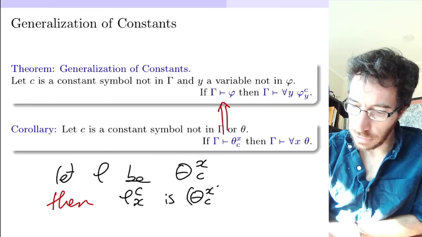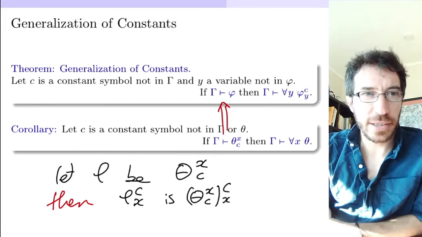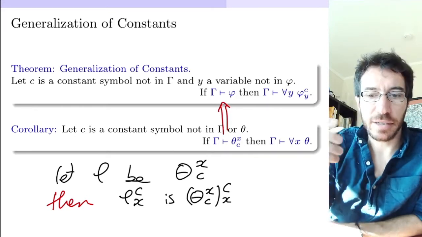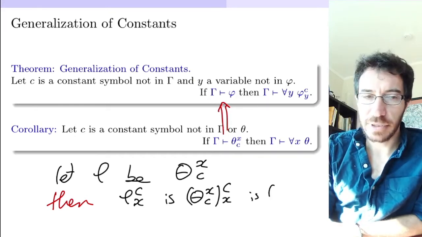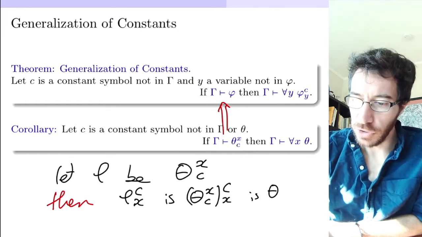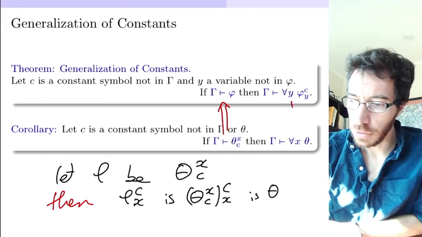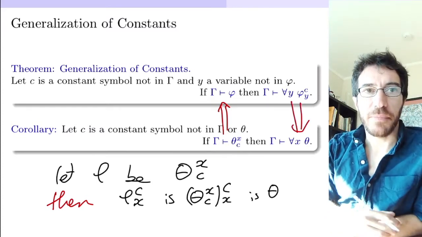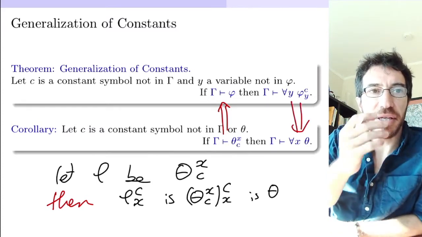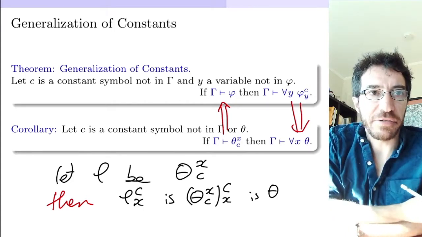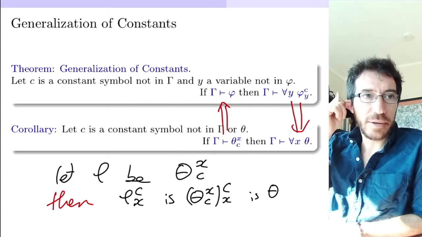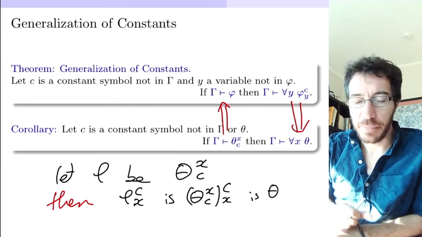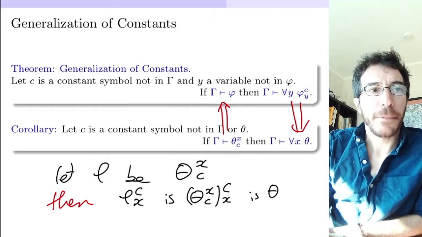You replace x by c, and then you replace c by x again, so this is just the same as theta. Well, using x instead of y, but same thing. It's just restating it in a slightly different way, but it's going to be more appropriate to what we do.